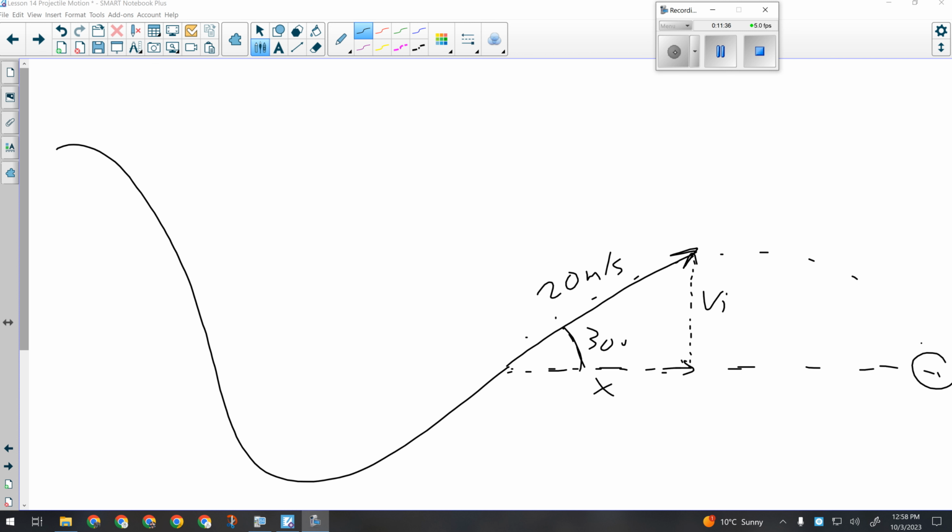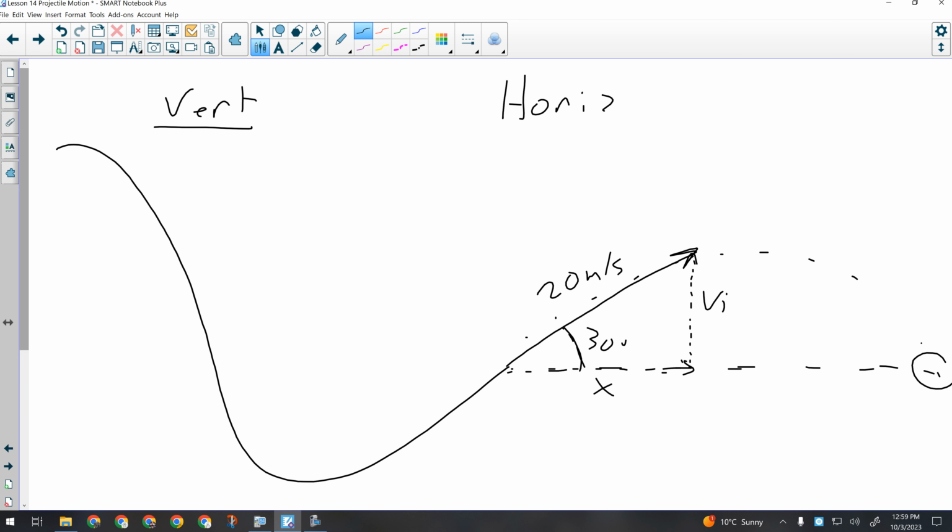Okay, so there are some similarities between the type of horizontally projected projectile motion we were talking about before and projected at an angle. It does have two dimensions. Okay, it has a vertical dimension and it has a horizontal dimension. Vertically speaking, the object is going to undergo accelerated motion due to gravity.